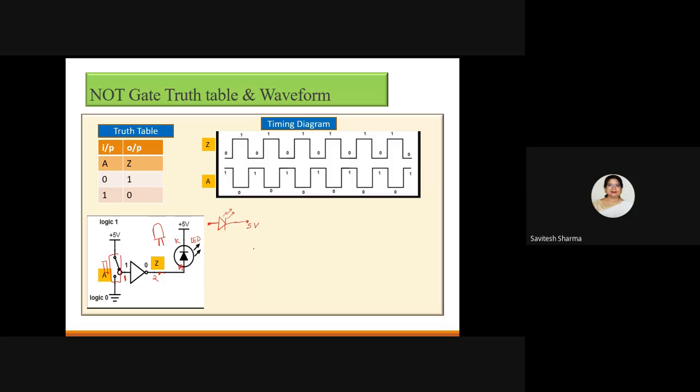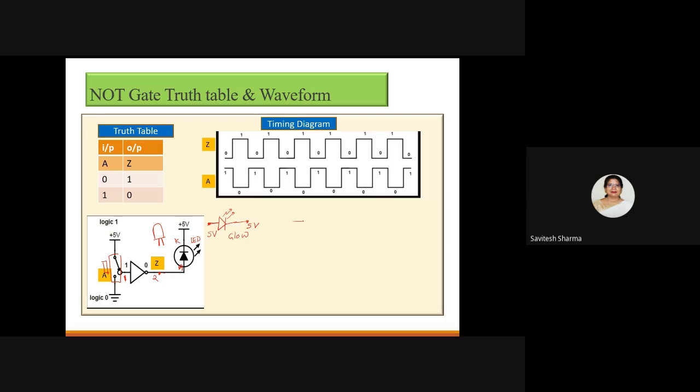Let's see when the LED will glow. Your anode voltage should be equal to or greater than the cathode voltage, then it will glow. Please remember, if you are applying 5 volt or more, then this LED will glow.